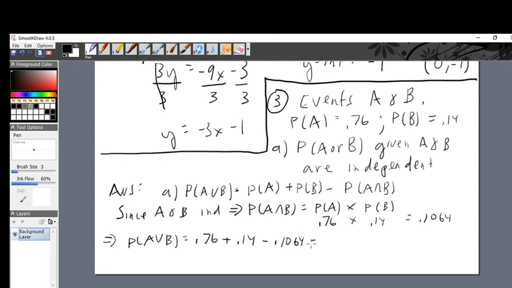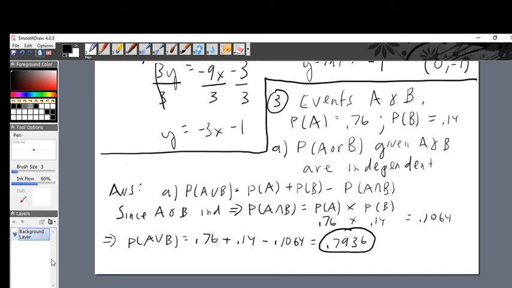Go to your calculator and you'll see that the answer is 0.7936. They may tell you to round it, but I didn't round it in this case. I'm just giving you the pure answer. I'm not sure they even want you to round it.